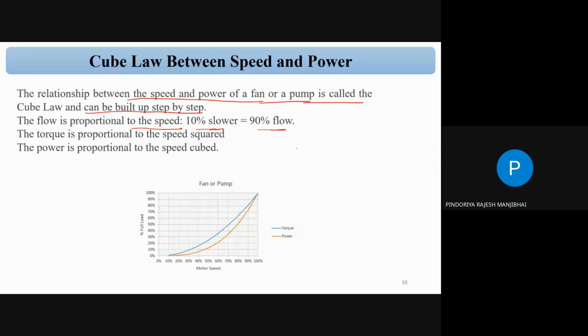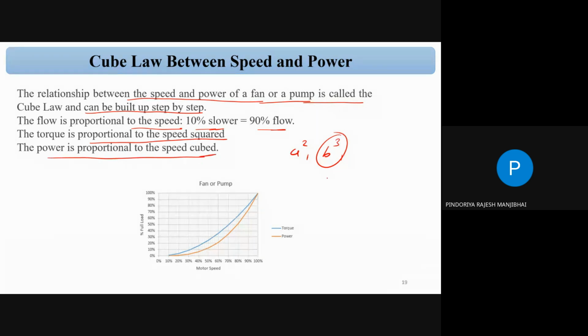In the last class, I think Ashish told me there is a power relation. So we can say a square, b square, sorry, b cube. Correct. So that is a cube parameter, correct? We already know there is fan application and pump application, so it is proportional to the cube. The torque is proportional to the speed square and power is proportional to the speed cube, correct?